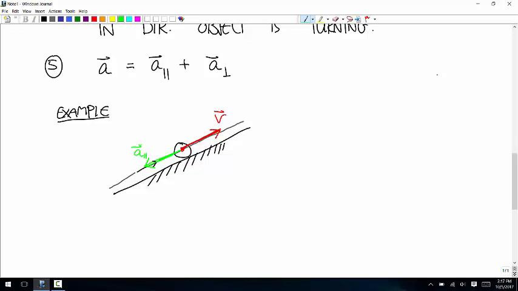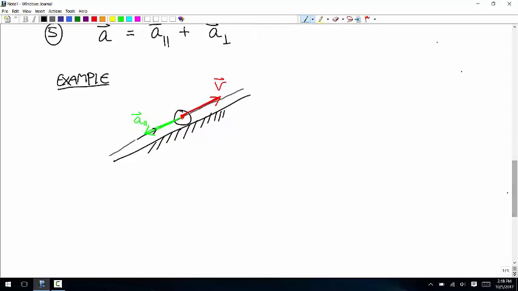And now, is this object turning? No, it's following that straight path, right? And so there's no A perpendicular in this case. So A perpendicular is 0.